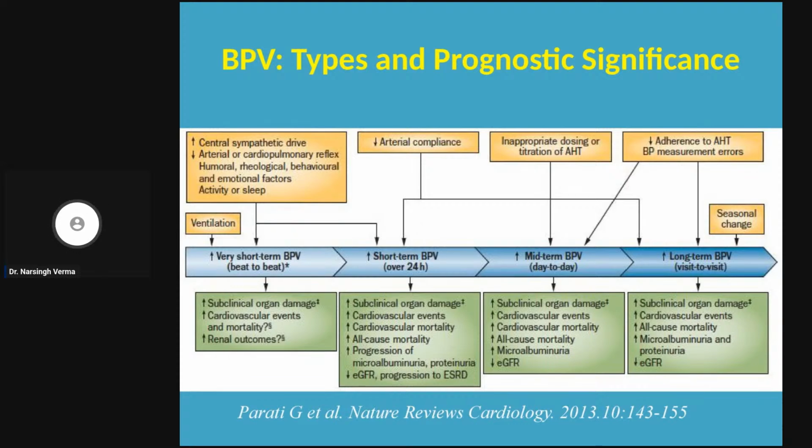So it is known that even very short-term blood pressure variability is important.